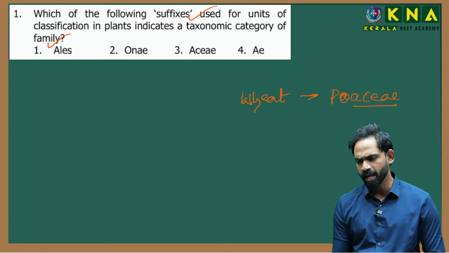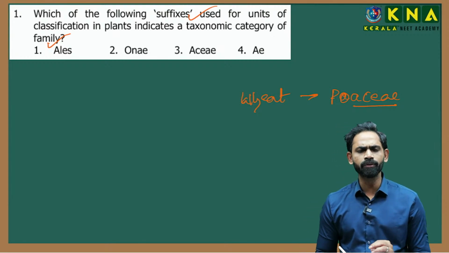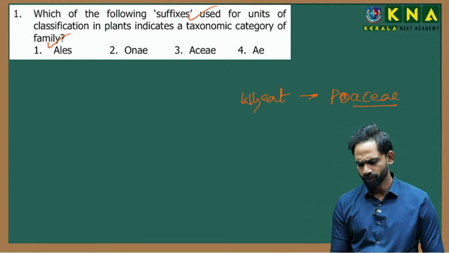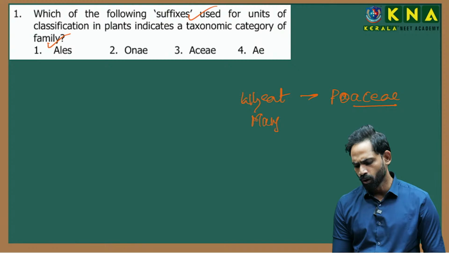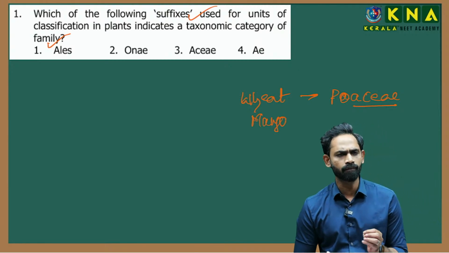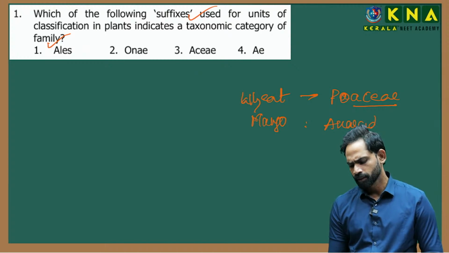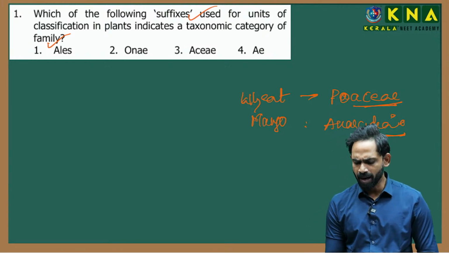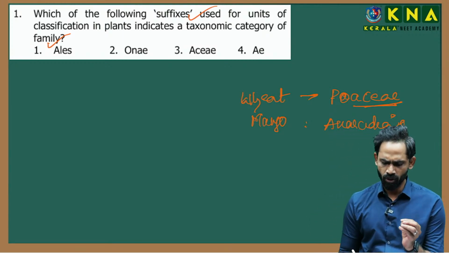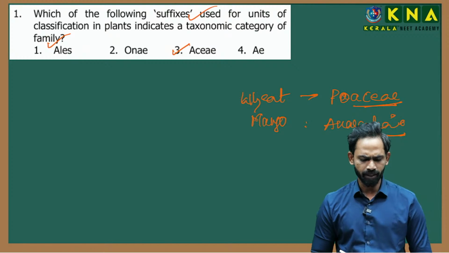You can understand, Aceae. If you go for the mango, what is the name of the family of the mango? Anacardiaceae. Now you can understand, the name ends with Aceae. So, I am going for option 3, Aceae.